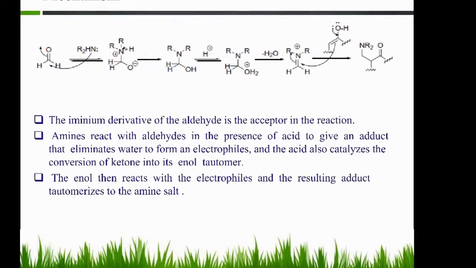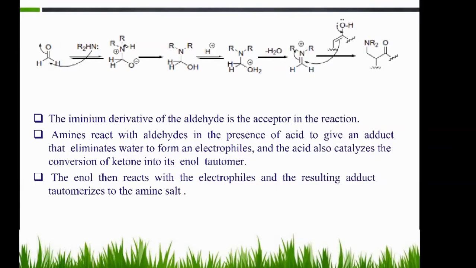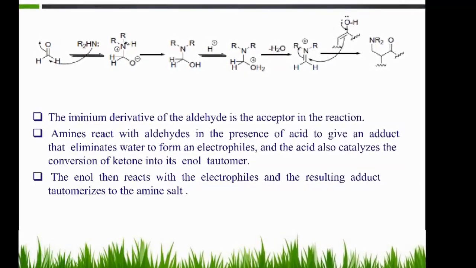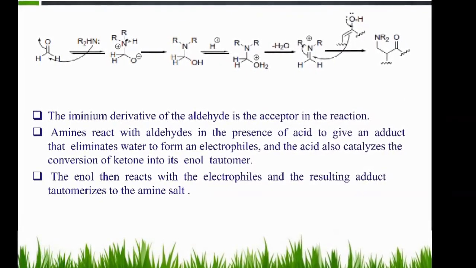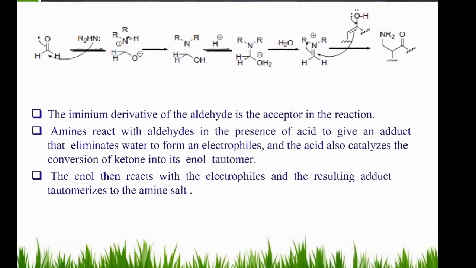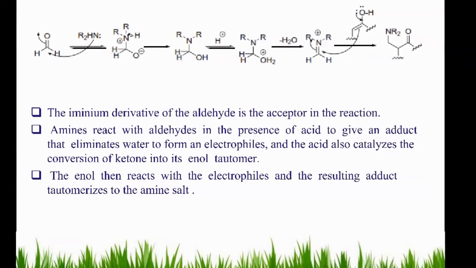Amines react with aldehydes in the presence of an acid to give an adduct that eliminates water to form electrophiles, and the acid also catalyzes the conversion of ketones into their enol tautomer. The enol then reacts with the electrophiles and the resulting adduct tautomerizes to the amine salt.